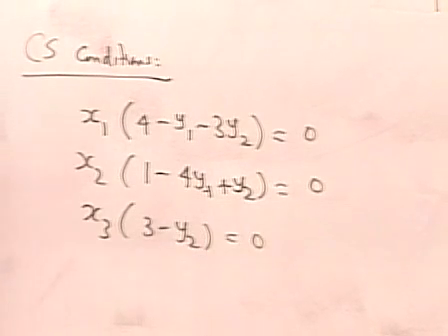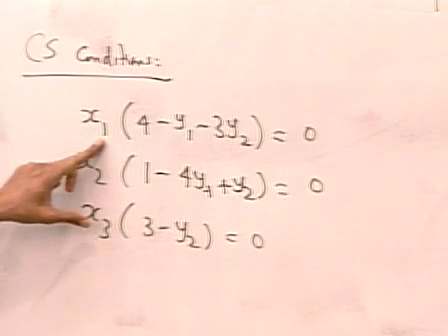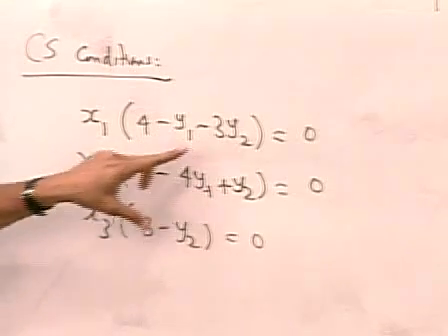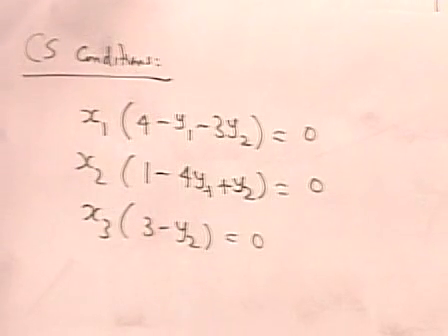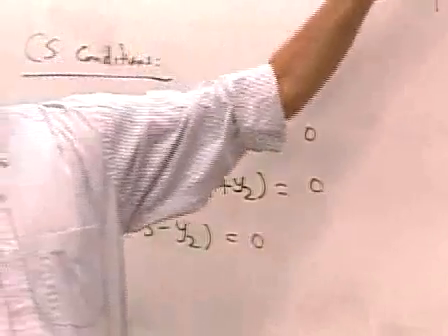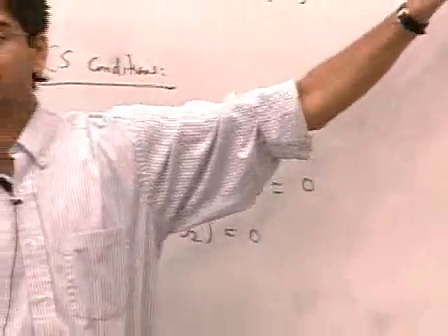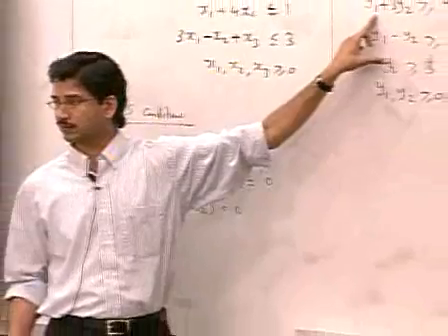This is just another way of saying either x1 is 0 or 4 equals y1 plus 3y2. So either this variable has 0 value, or the constraint with which it is associated is satisfied as an equation.